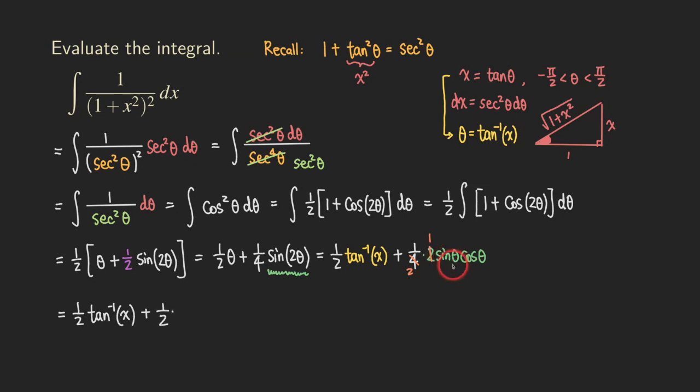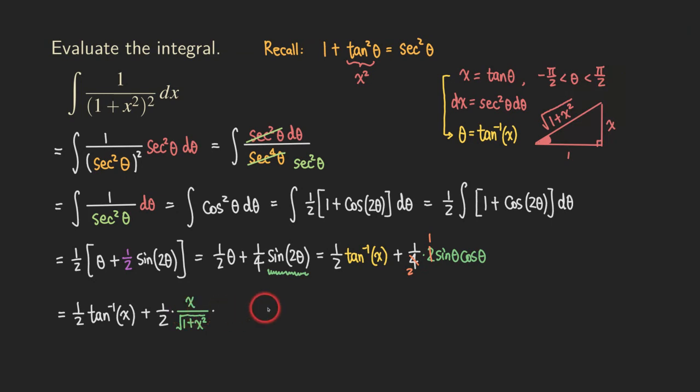Okay, so now the sine theta. Sine theta, based on this angle right here, is going to be the opposite over the hypotenuse, right? So we are getting x over the square root of 1 plus x squared. What about the other one?